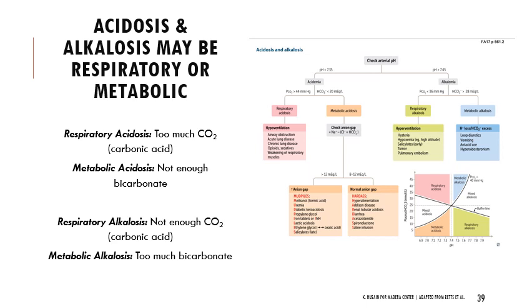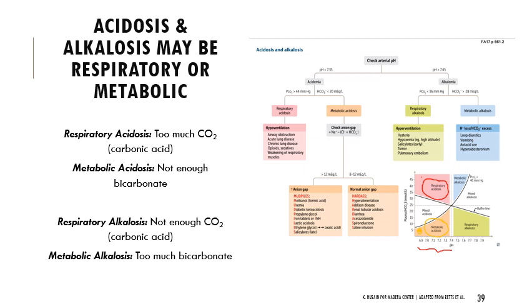If you have acidosis and pretty high levels of bicarbonate, this is a low pH but a high bicarbonate level. That's respiratory acidosis. The low pH is due to having too much carbon dioxide or carbonic acid, but your bicarbonate levels are fine. Whereas metabolic acidosis down here is the same pH range, less than 7.35, but here you can see that your bicarbonate levels are low. So that metabolic acidosis is due to not having enough bicarbonate.